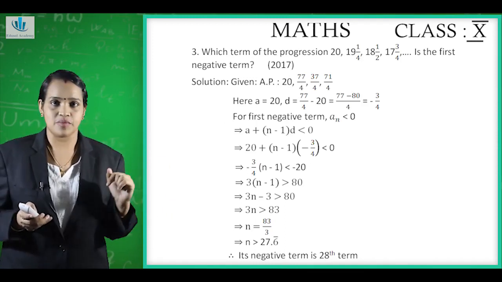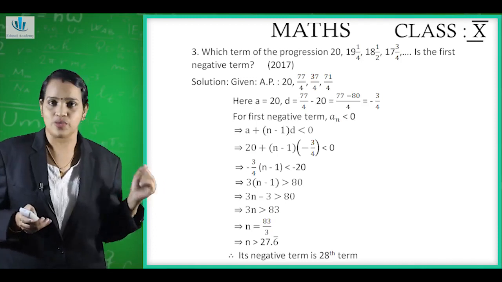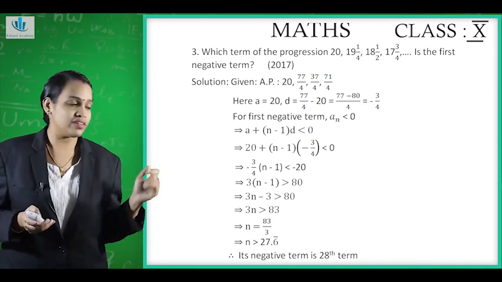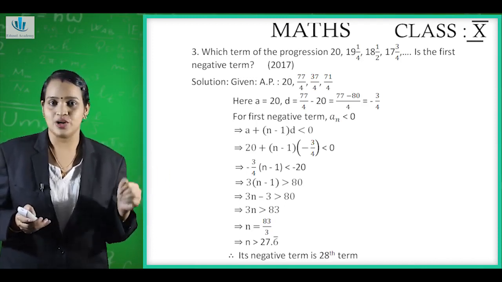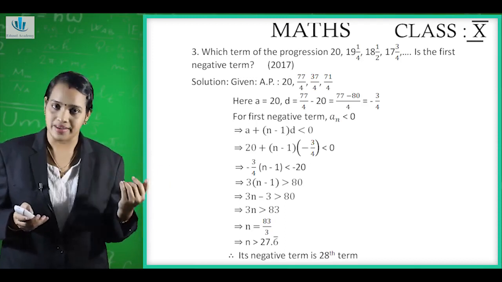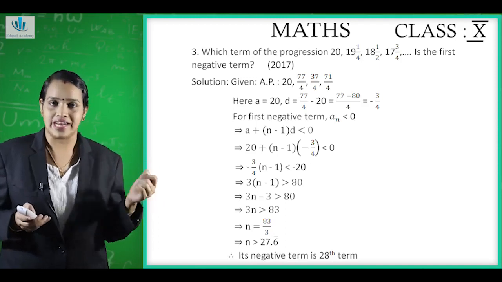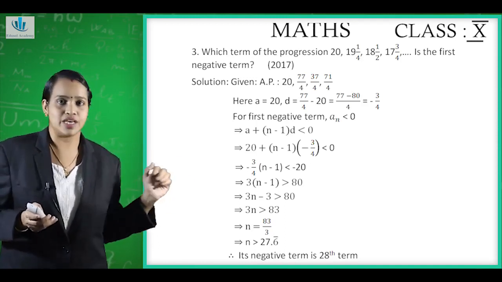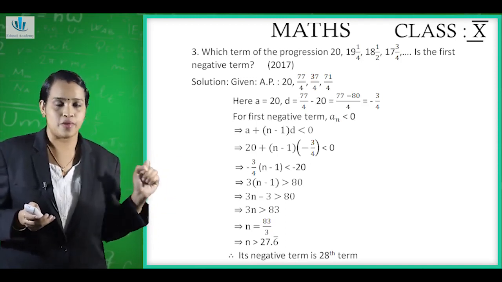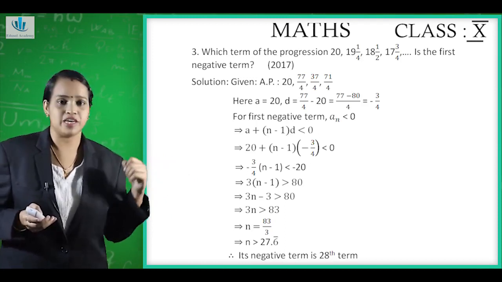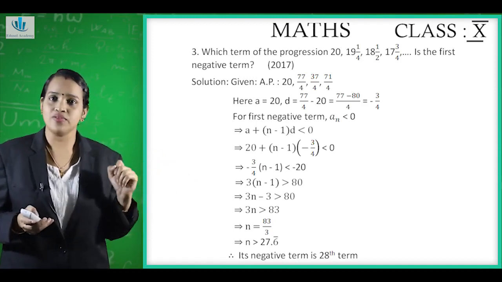Now here the first term you know it is A is equal to 20. Now we have to find the common difference. D is equal to 77 upon 4 minus 20, which is equal to 77 minus 80 upon 4, which is equal to minus 3 upon 4. That is 77 minus 80, it becomes minus 3 upon 4.